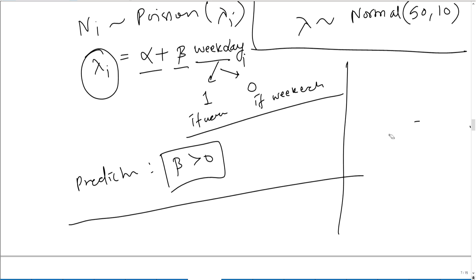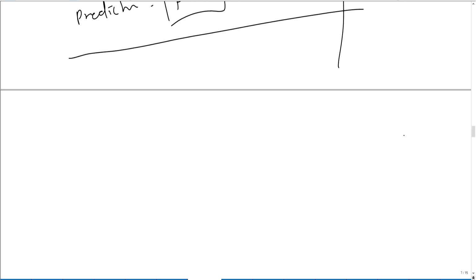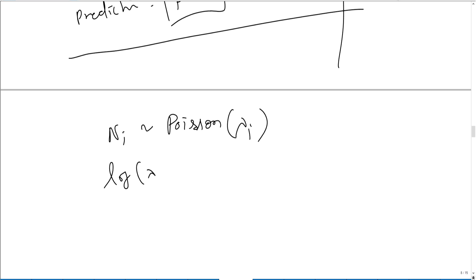Okay. Let me write properly here. Let me rewrite the whole regression. So, the number of road accidents on the ith day comes from Poisson lambda i, where log of lambda i equals alpha plus beta into weekday in the ith trial.